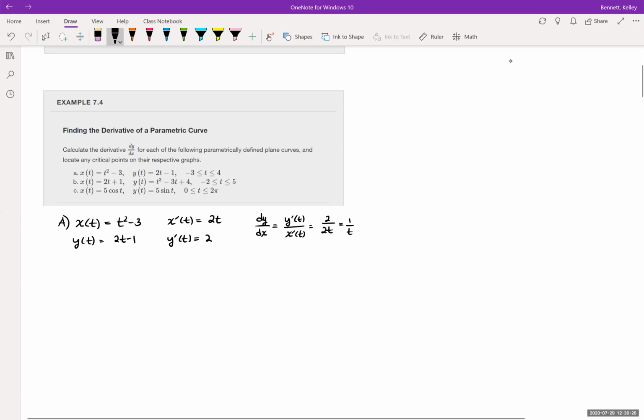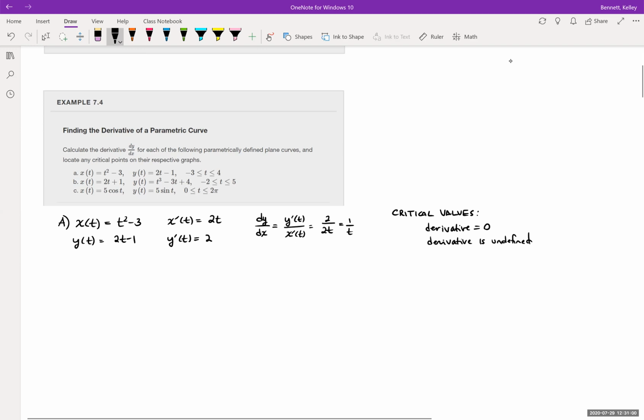The other thing that we do when we take derivatives is we're really interested in determining where any critical values are. Critical values occur when the derivative equals 0 or the derivative is undefined.